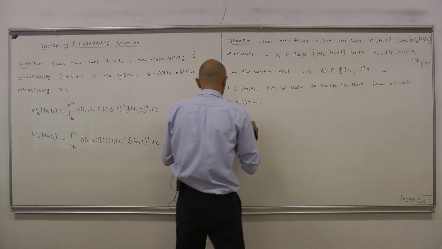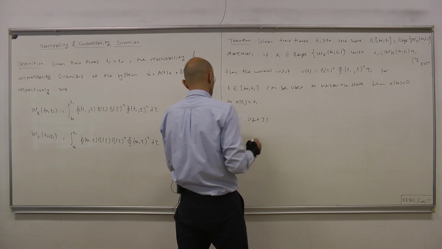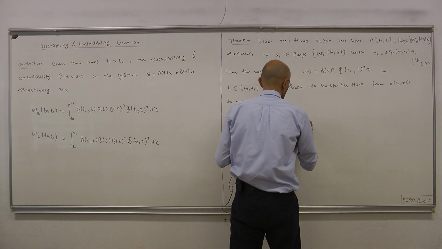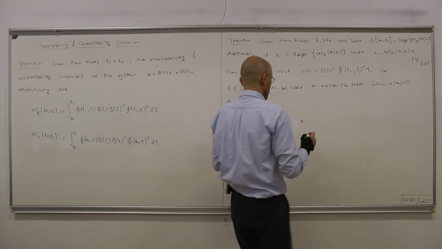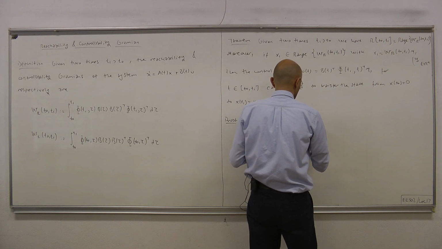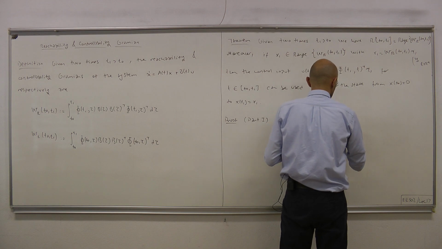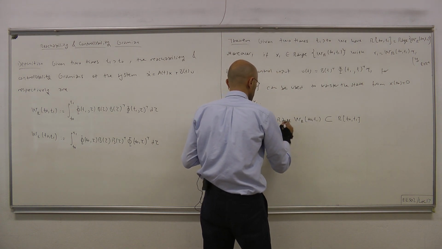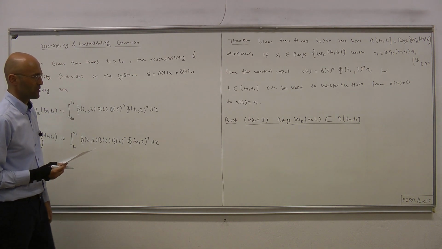So, in part 1, we're going to prove that the range space of the Gramian WR, T0, T1 is a subset of the reachable subspace of the system. Let's therefore try to establish that subset relation.